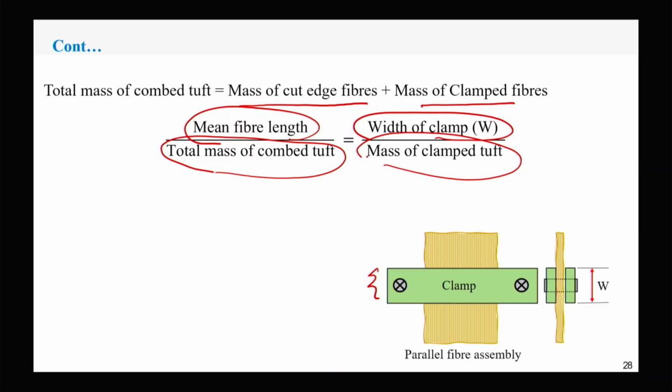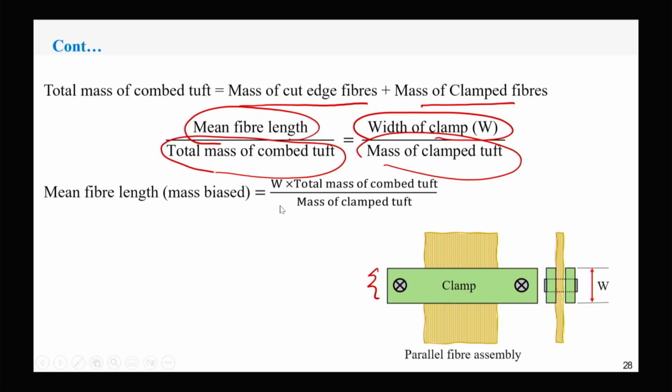So with that ratio we can calculate the mean length. So mean length is calculated here. This is based on the mass, so we call it mass biased length. So width is known, which is constant. So mass biased fiber length we can calculate.